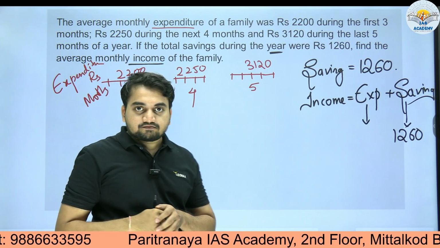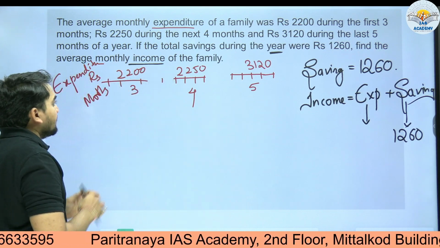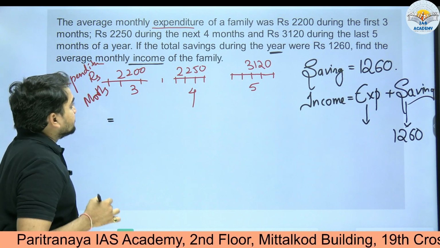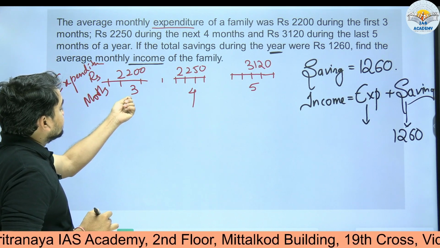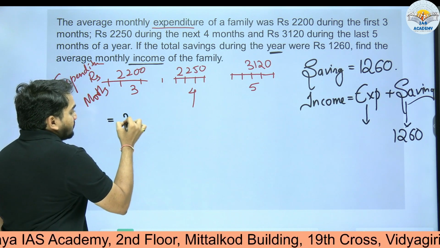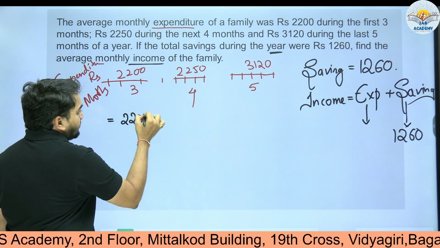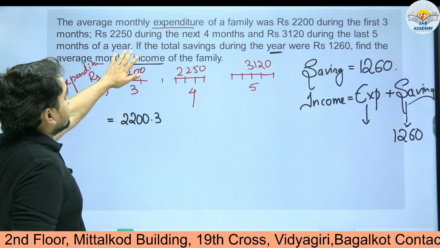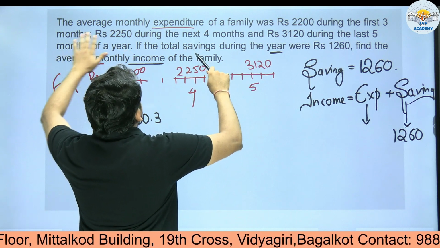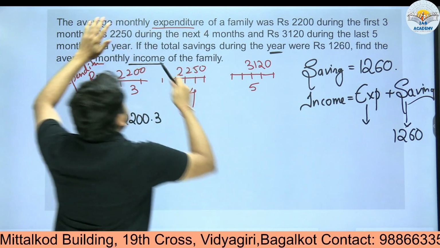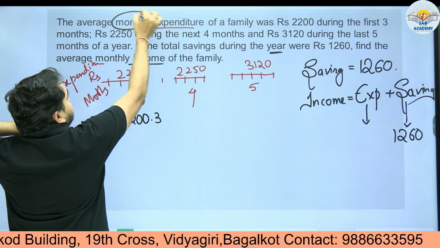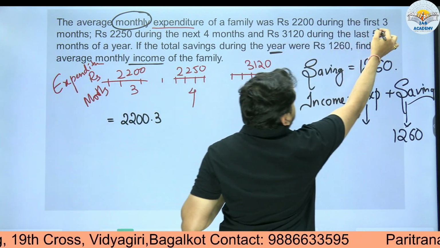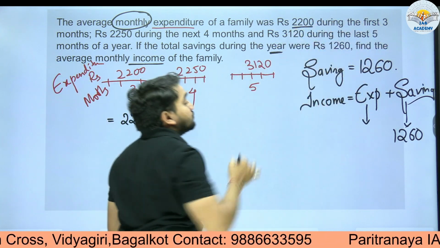For that reason, again we apply the average concept. So the expenditure for the first 3 months is how much? 2200 into 3. Are you seeing this? It says the average monthly expenditure for the first 3 months is 2200.